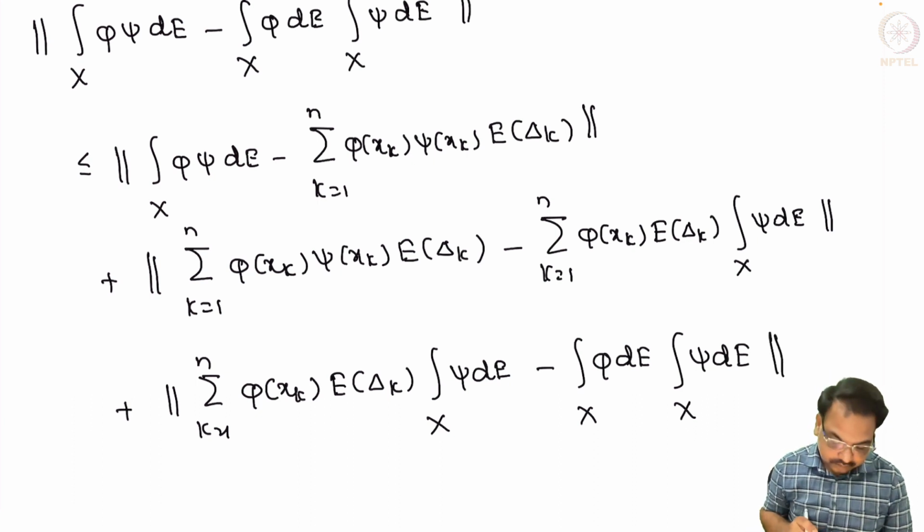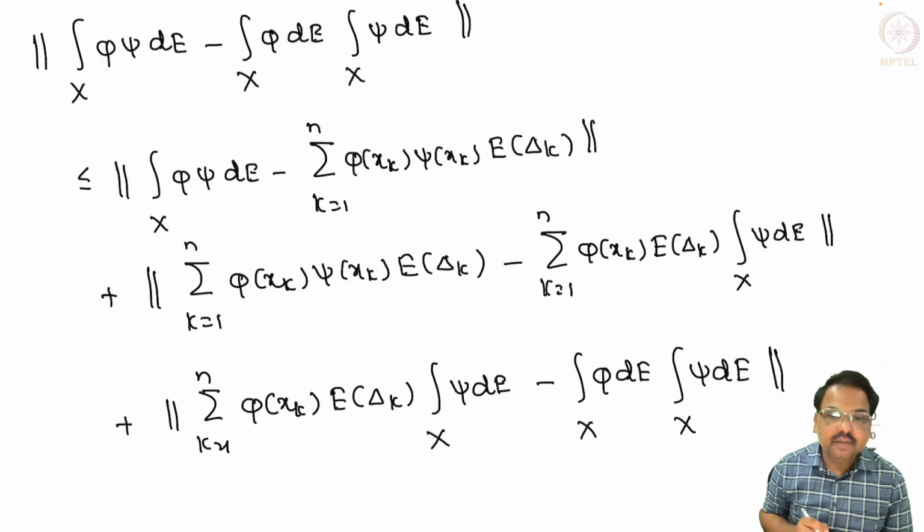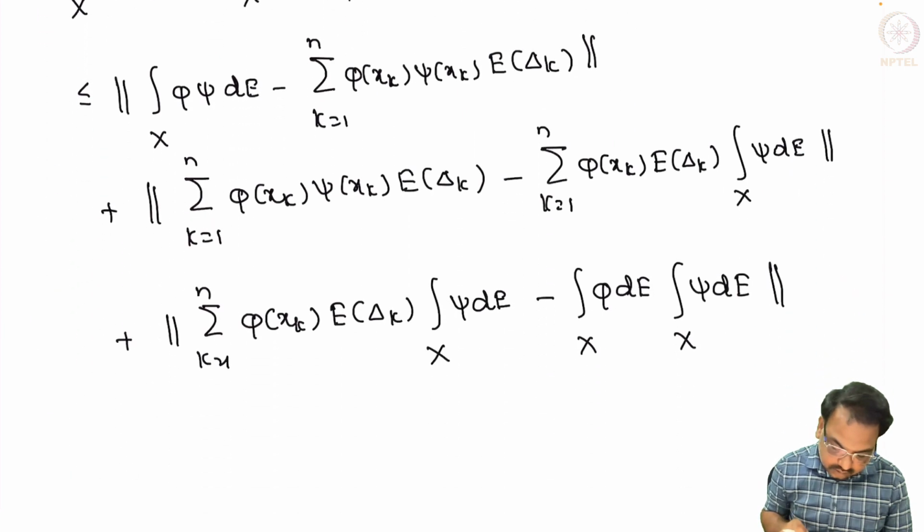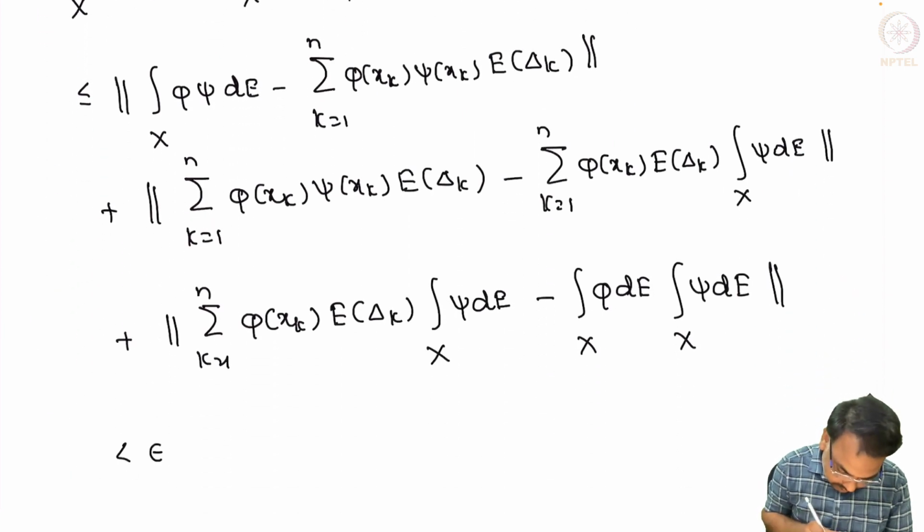Okay, now we know that the first term is less than epsilon by the property of omega, by inequality 1. So this is less than epsilon.